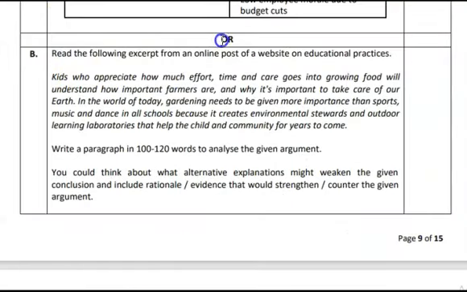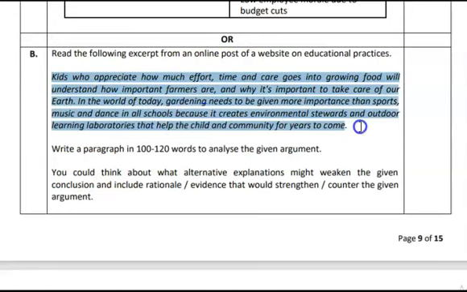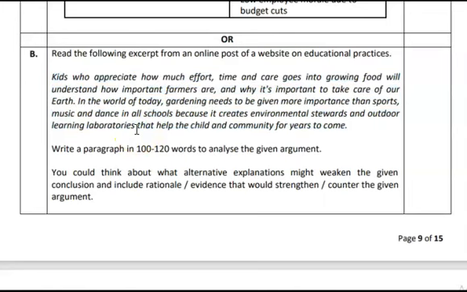Again, in this question, the question is, read the following excerpt from an online post of a website on educational practices. So here also you are provided with adequate material. And the question is, kids who appreciate how much effort, time and care goes into growing food will understand how important farmers are and why it's important to take care of our earth.